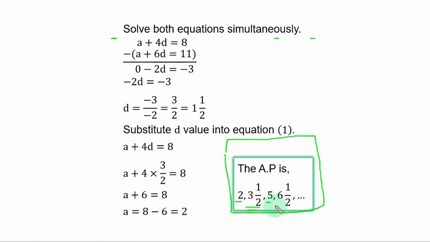And to get this term, you multiply the common difference by 3 and add it to the first term. The terms of the AP are A, A plus D, A plus 2D, A plus 3D, and so on.